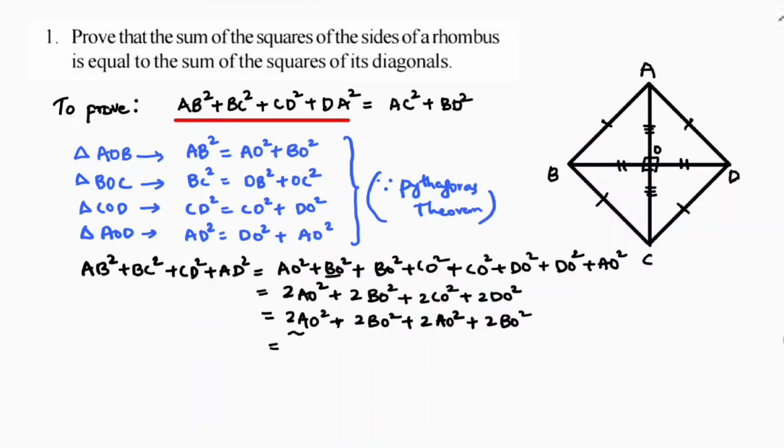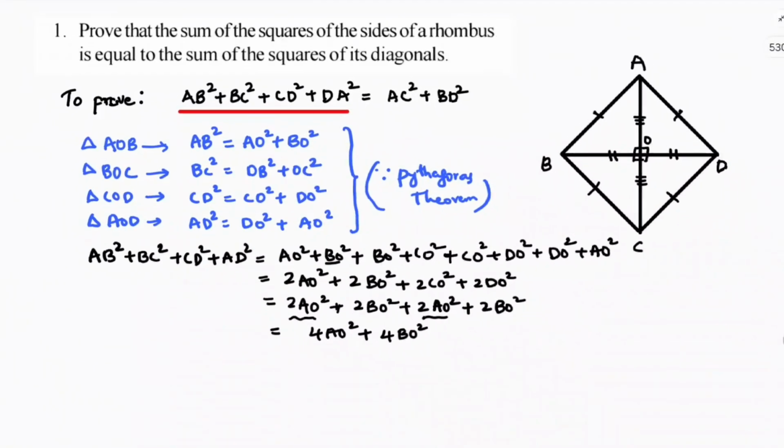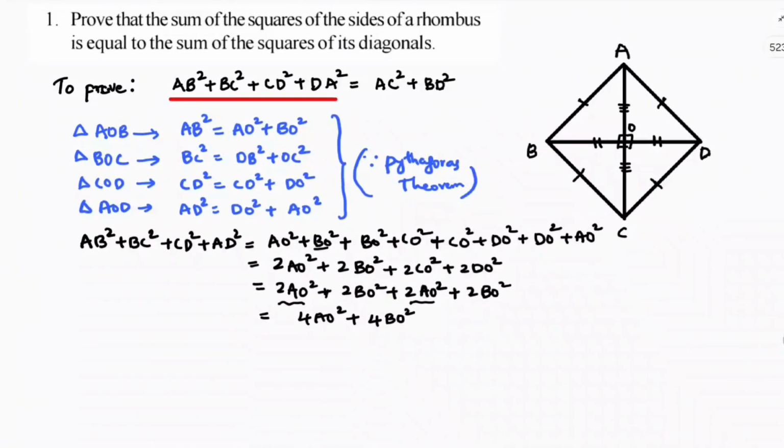So 2 AO square plus 2 AO square is 4 times AO square, plus 4 times BO square. In the next step, AO you can write as half of AC, so AC by 2 whole square, and BO you can write as BD by 2 whole square.